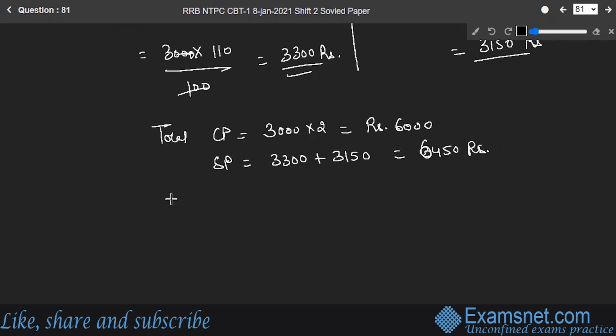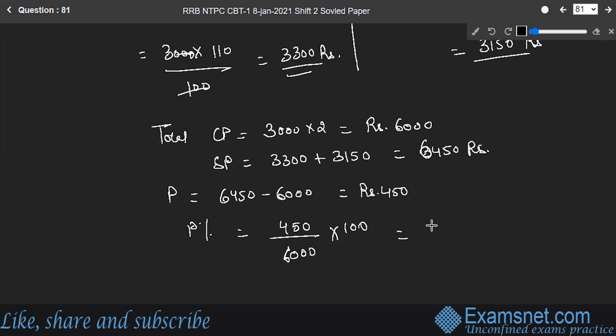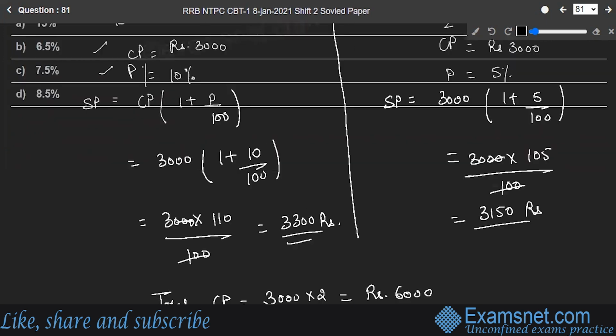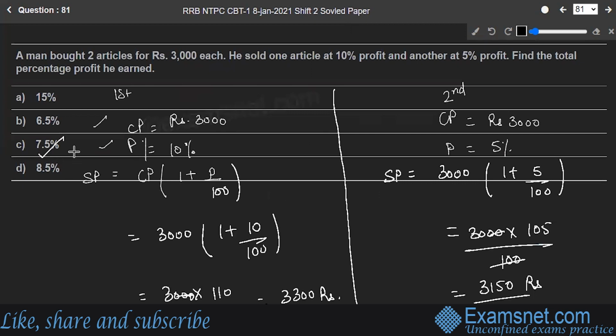Now, of course, he is having a profit of 450, and profit percent is 450 divided by 6,000 multiplied by 100, which is equal to 7.5%. Let's check with the options. We have option C as the correct answer to the question. Hope you got that.